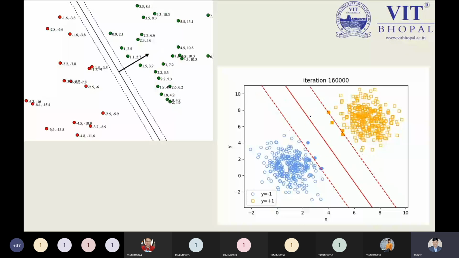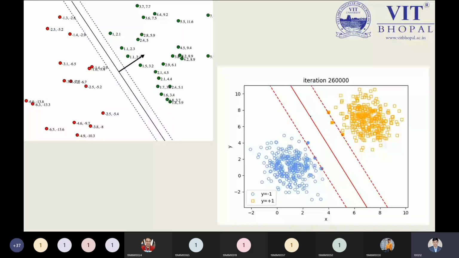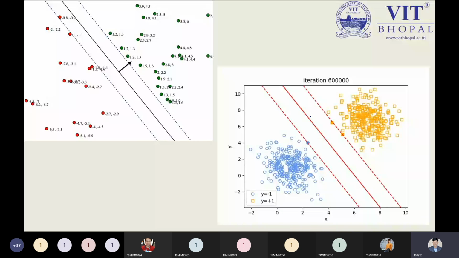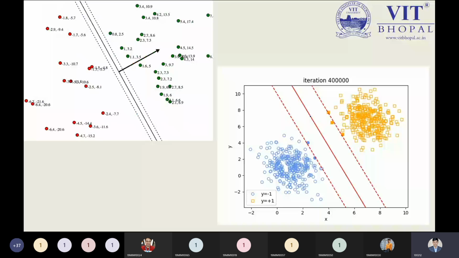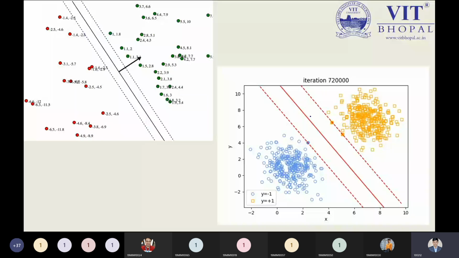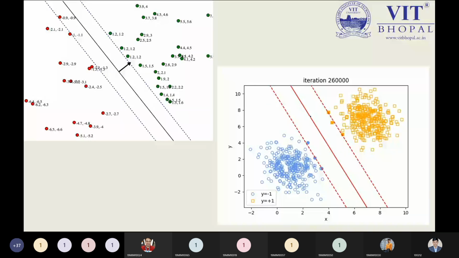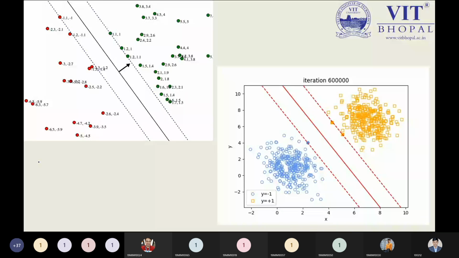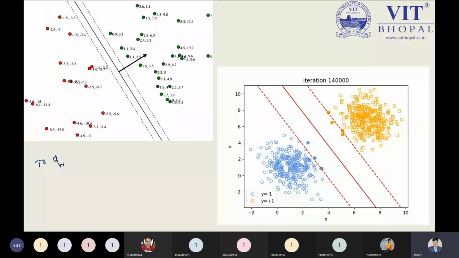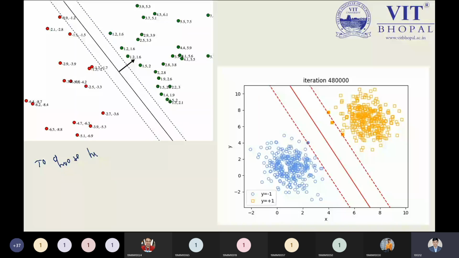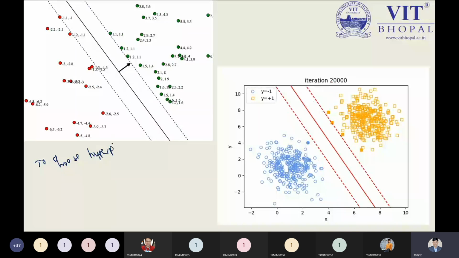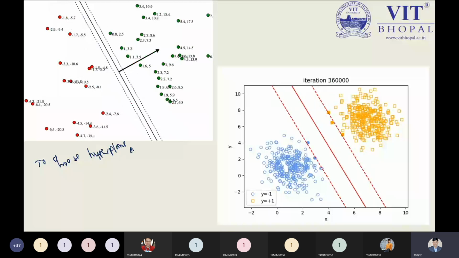Now we have an animated image in which you can see a number of iterations going on, and the process goes through iteration multiple times. Line 1, line 2, suppose we have n lines. We need to choose the hyperplane, or the best line.